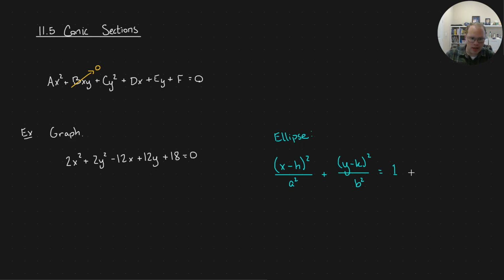So what I want is I want everything that's not associated with x and y on one side. So I'm going to group my x's over on the left side. So I've got 2x squared minus 12x. And I'm also going to group my y's together. And I'm going to move everything else, well, this, to the other side.